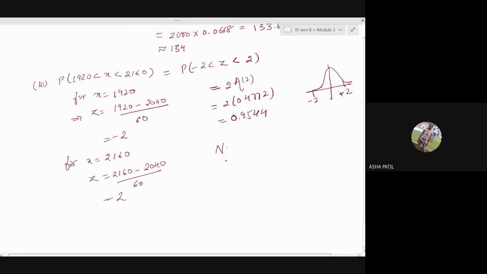0.9544. Now again go for the number of electric bulbs, electric lamps. Write it in a complete sentence: number of lamps having life between 1920 to 2160 hours is equal to 2000 into 0.9544.